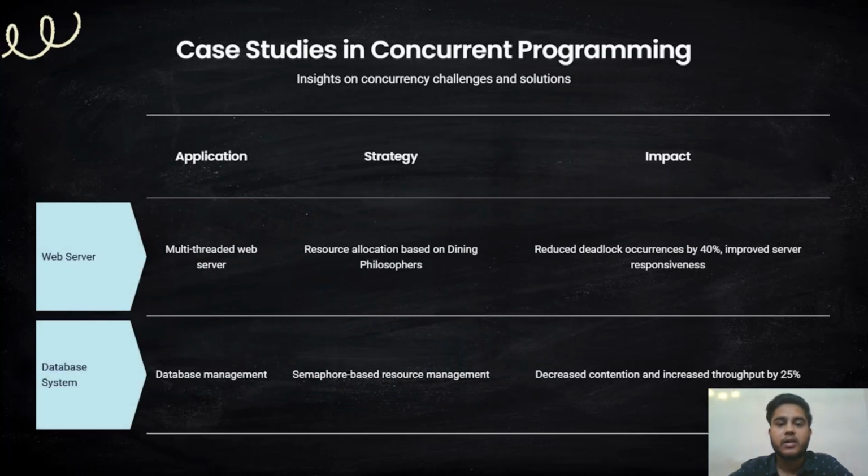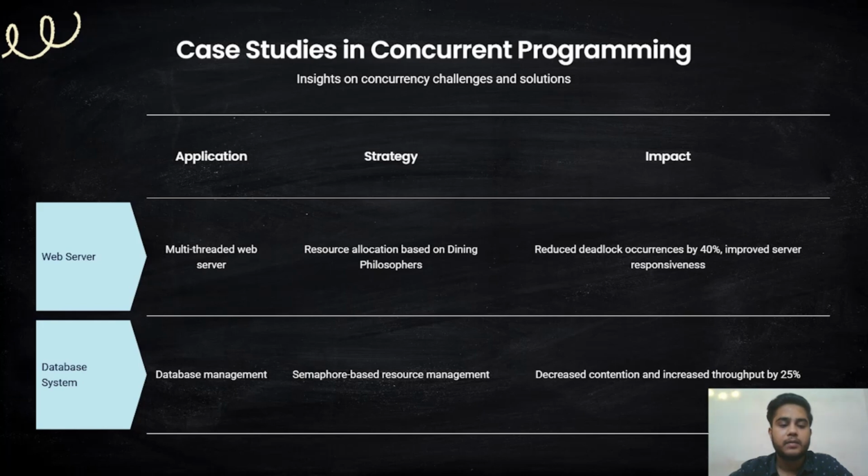Case studies in concurrent programming. It gives insights on concurrency challenges and solutions. First is the web server. The application is a multi-threaded web server. Its strategy is to allocate resources based on dining philosophers, and the impact on web servers is that it reduced deadlock occurrence by 40% and improved server responsiveness.